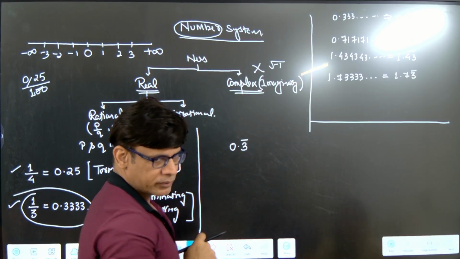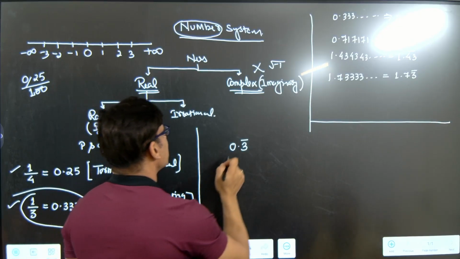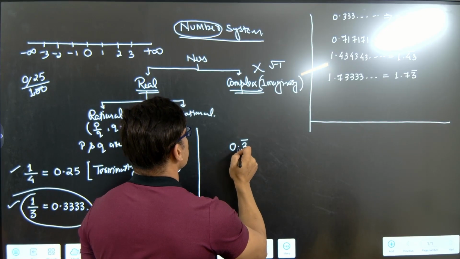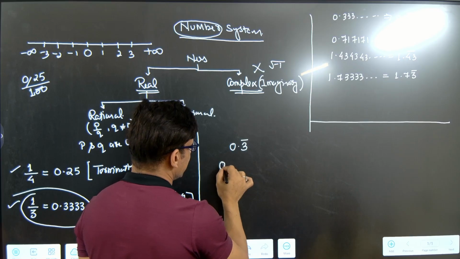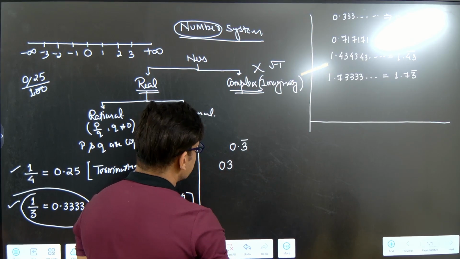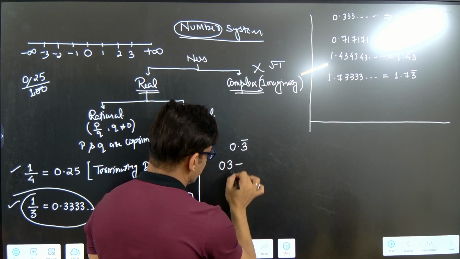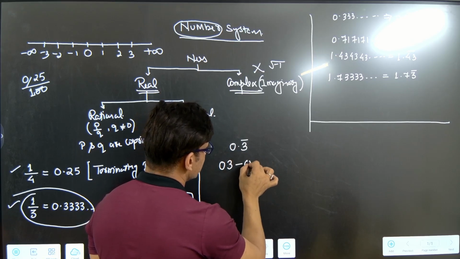There are 3 steps involved. First, remove the bar and decimal, and write this number as it is, which is 3. From this, subtract the digits which do not have a bar on them. So 0 does not have a bar on it.